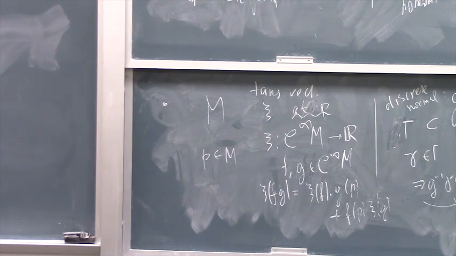And tangent vectors at a certain point to a manifold form a vector space. Its dimension is equal to the dimension of the manifold, and there are coordinate presentations and so on and so on and so on. I don't need all this now.